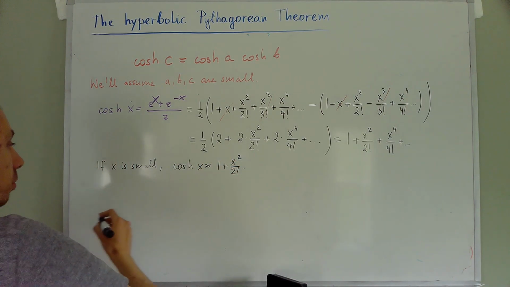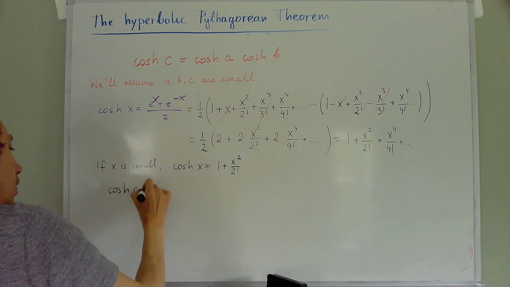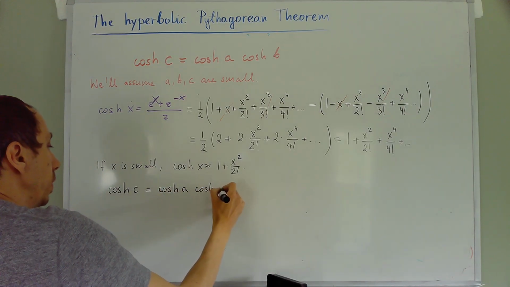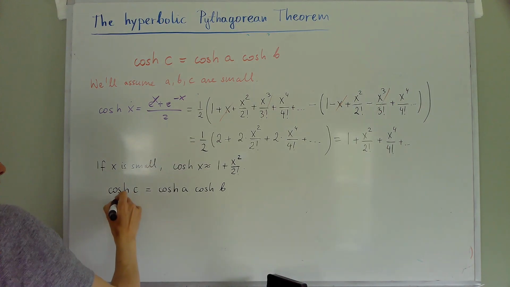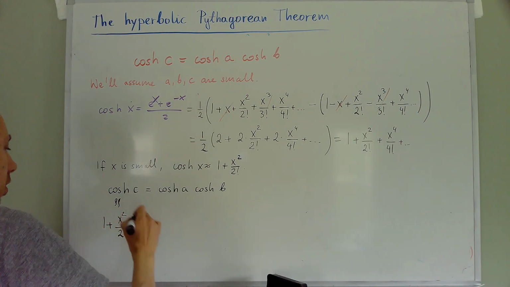Okay, so let's now see what we get. So if we look at cosh C equal to cosh A cosh B, we get that cosh C is approximately equal to 1 plus C squared over 2 factorial, which is 2, really.